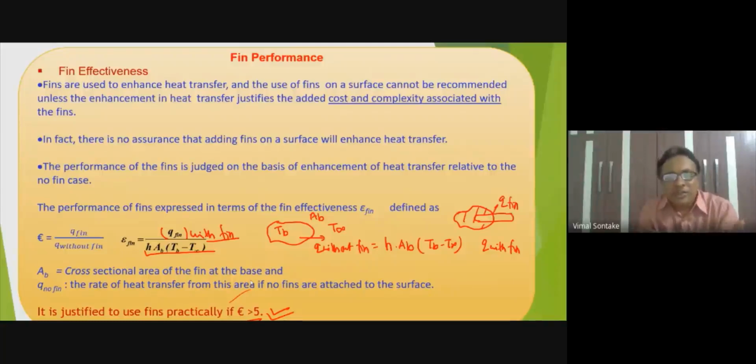And fin effectiveness will be used to decide whether we have to attach the fin to the base surface or not. Even after attaching the fin, if the heat transfer enhancement is not substantial or not economical, we are not going to attach fin to the base surface. That will be decided by the fin effectiveness parameter.